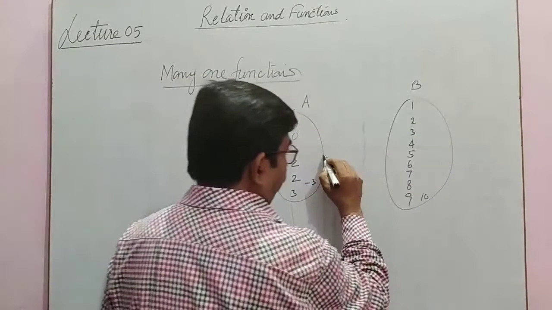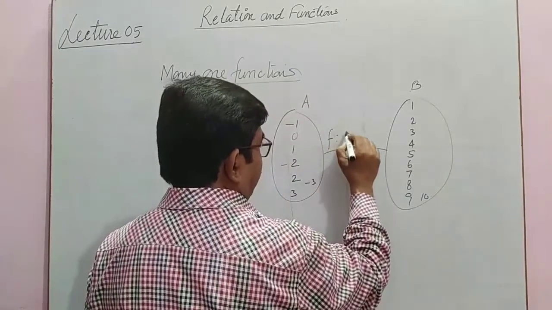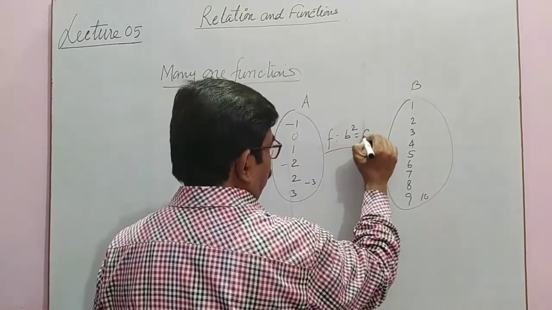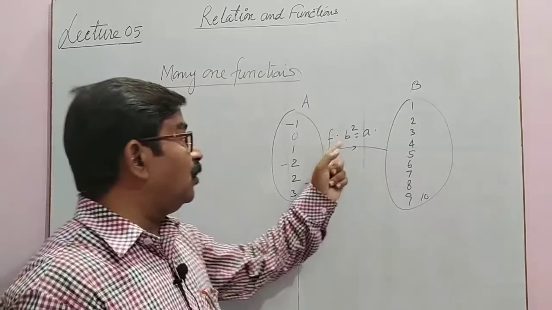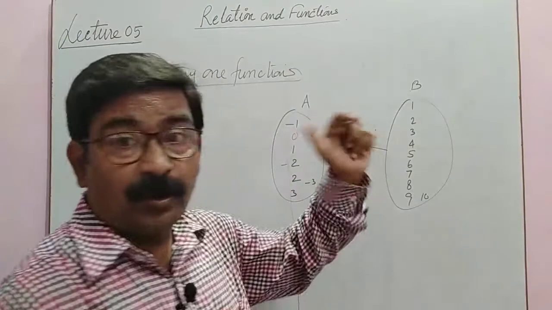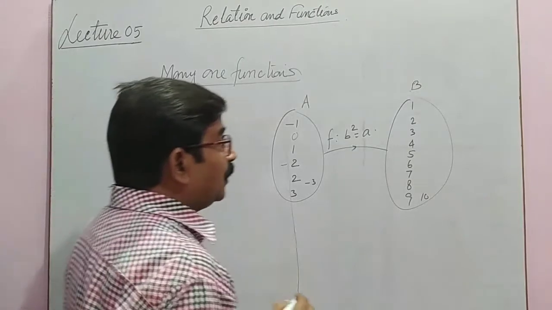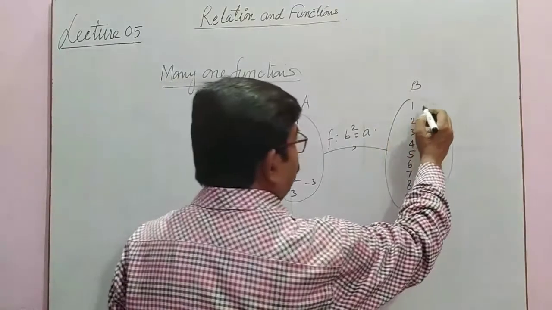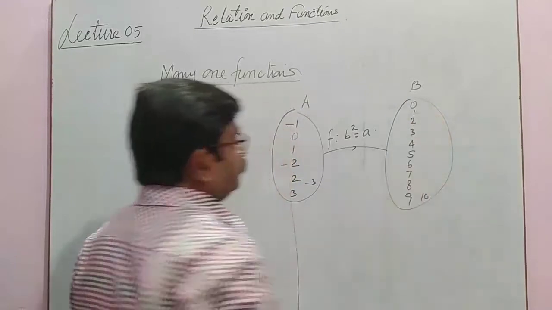And the function is given such that b equals a squared, meaning the square of a is equal to b. So let's see. 0 will also be there, here we can add 0, 1.